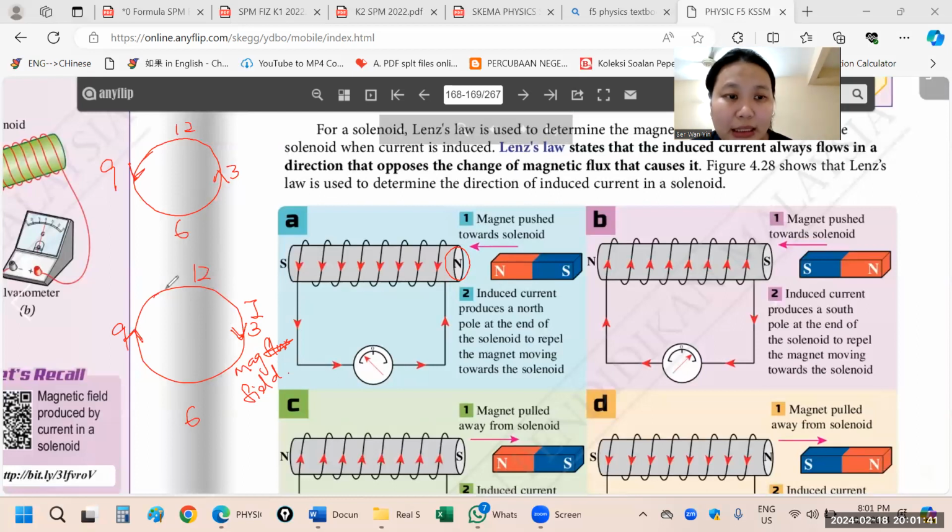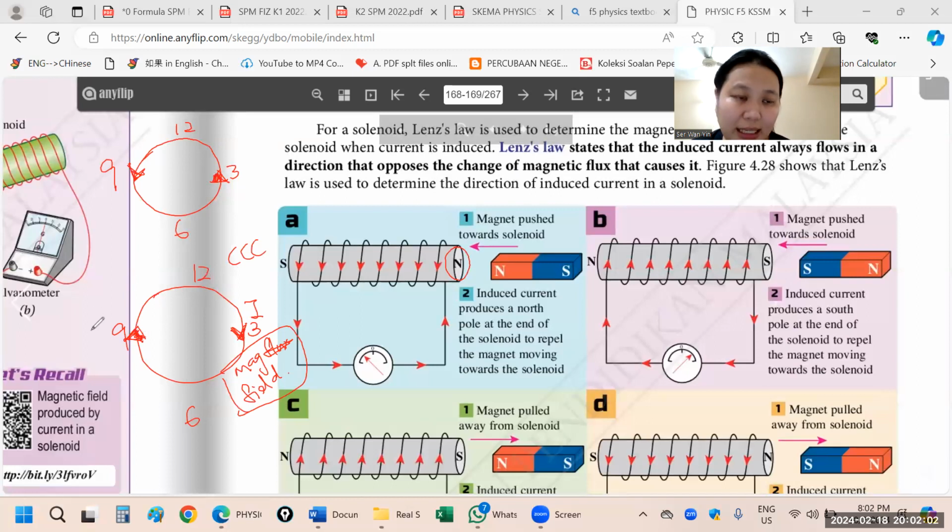So now let's say this is a CCC, a current carrying conductor, meaning current starts to flow, then here there is a magnetic field. How do you know this magnetic field is north or south? It depends on the direction of flow, clockwise or anti-clockwise.